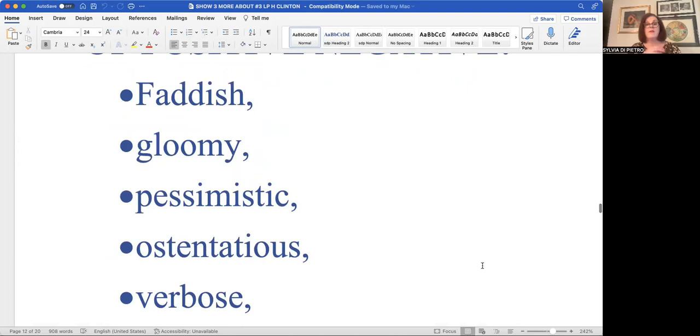On a negative level, the 3 can be very faddish, but I'm not talking about the latest fad. I would say they're faddish by being outside the norm, being really ridiculous in their fashion statements.